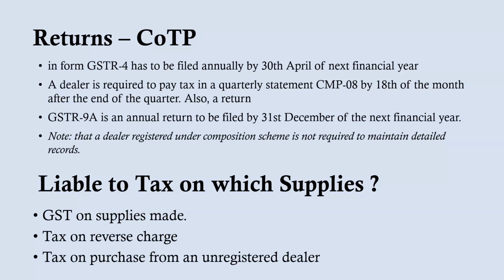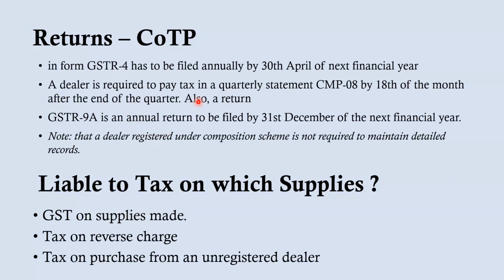So we were on to the returns part. So here, the GSTR 9A is basically the annual return which is supposed to be filed by the composition taxpayers by 31st December of the next financial year.